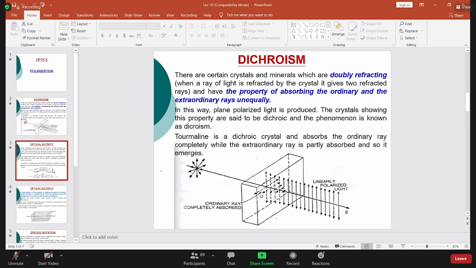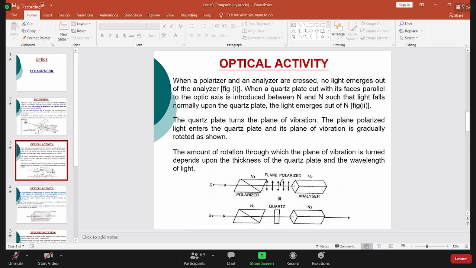So, optical activity. In the last class we discussed the nicol prism as an analyzer. Basically the nicol prism is the polarizer and at the same time the analyzer.